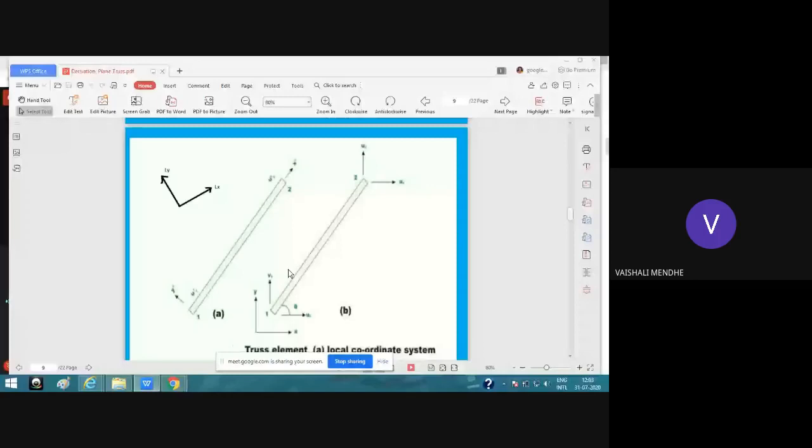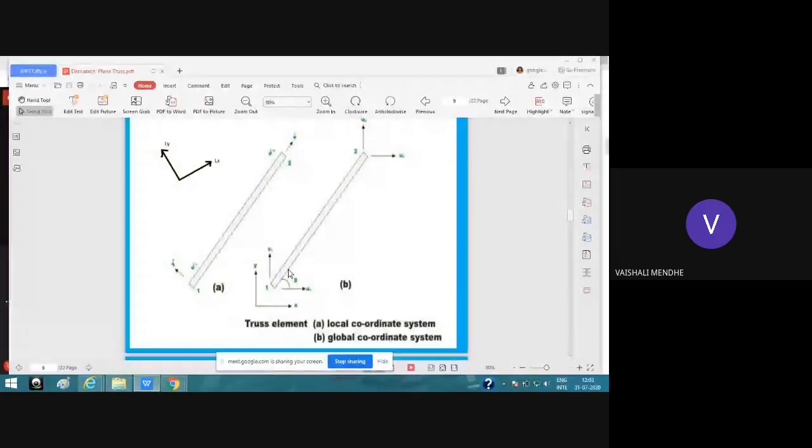This is the important topic. That means what exactly is the local and the global coordinate system. I hope you understood the difference between local and global coordinate systems.